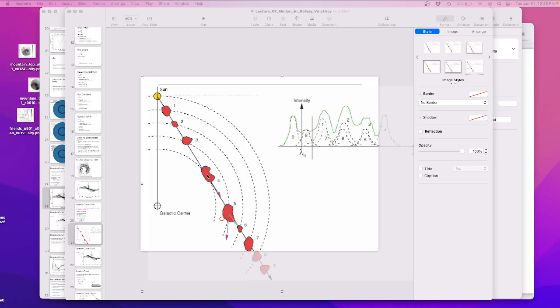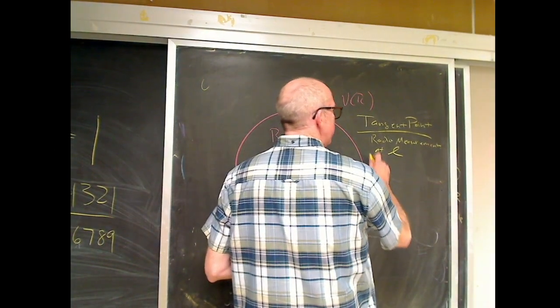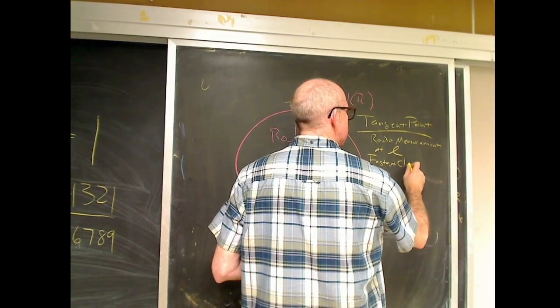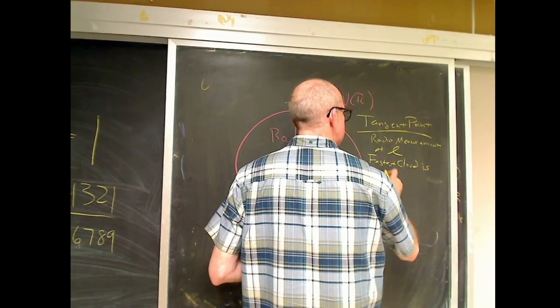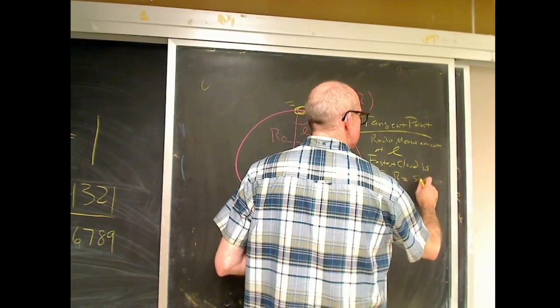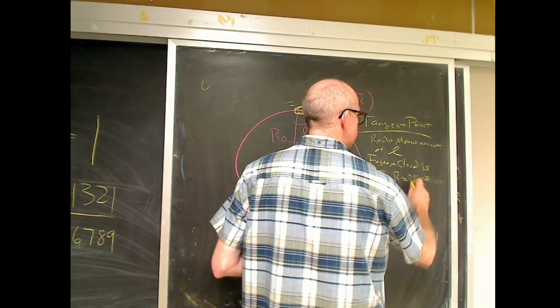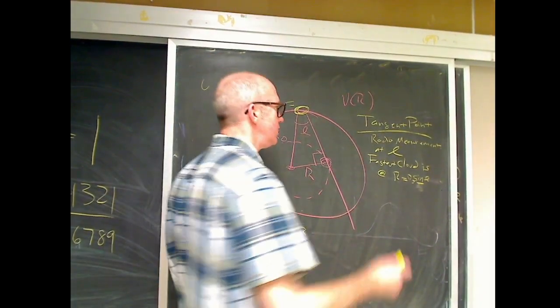So for the tangent point method, what you do is you make a radio measurement at some galactic longitude L. I know that the fastest cloud is at R equals R naught sine L. I know where it is, and I know its velocity.